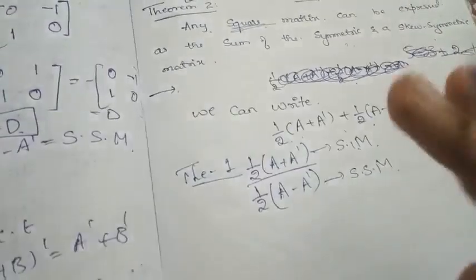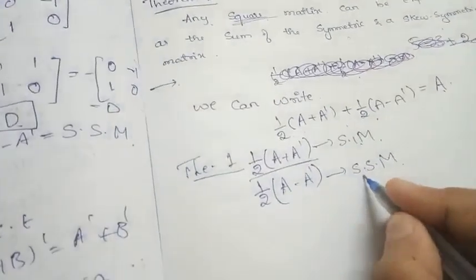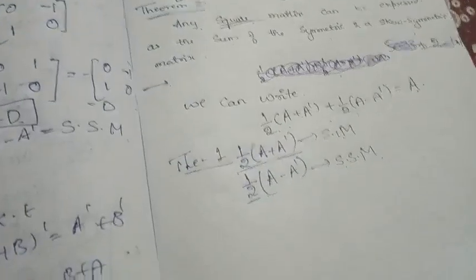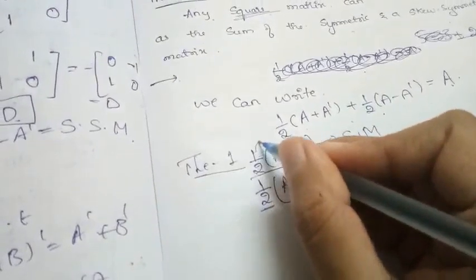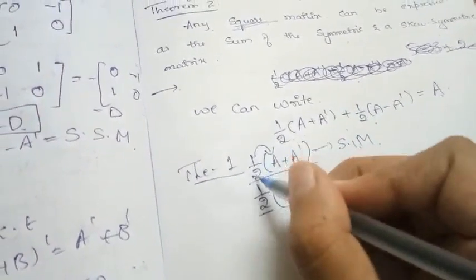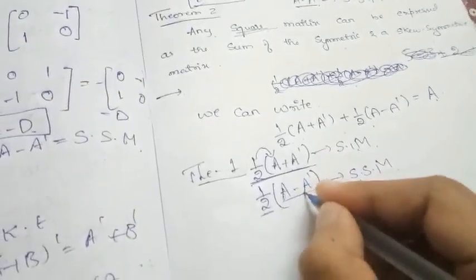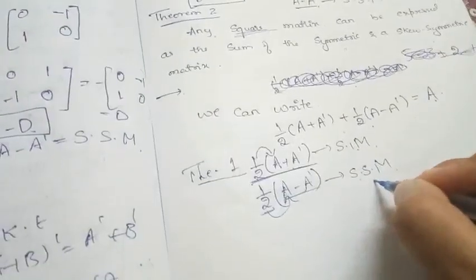The symmetric matrix remains symmetric, and the skew symmetric matrix remains skew symmetric. So when I multiply half to the symmetric matrix, it stays symmetric, and half of A minus A prime stays skew symmetric.